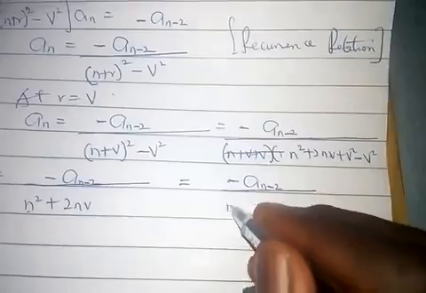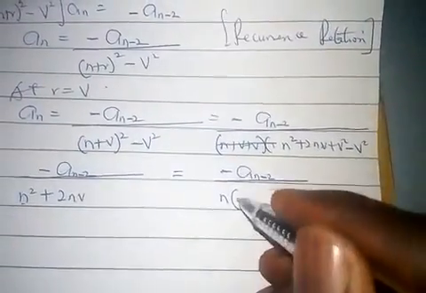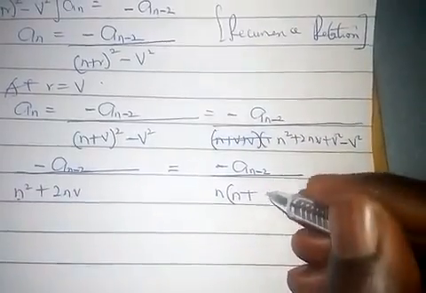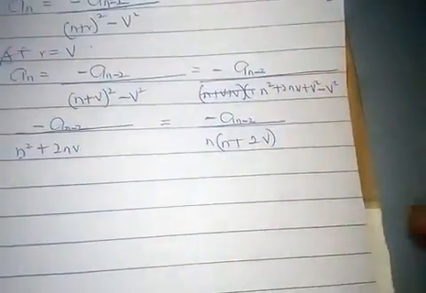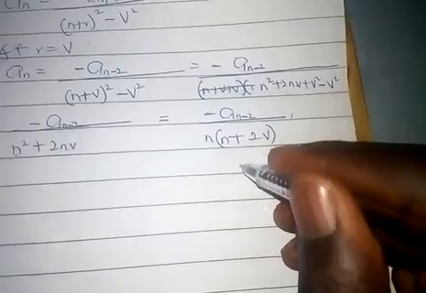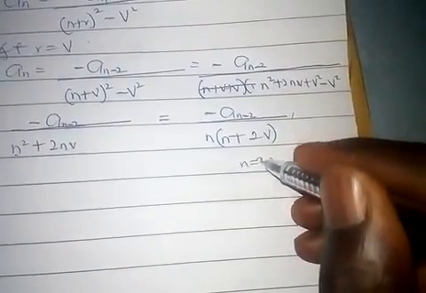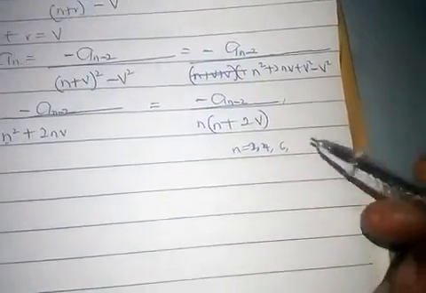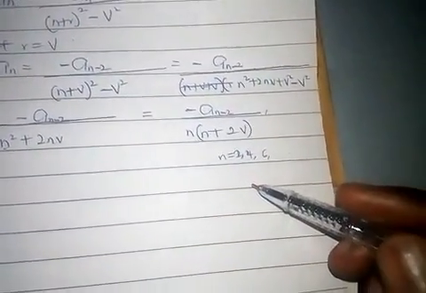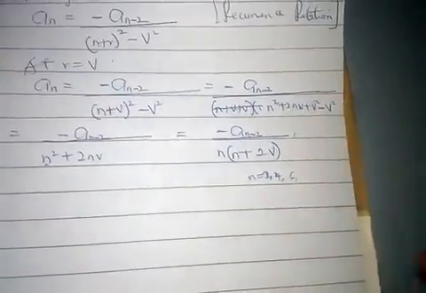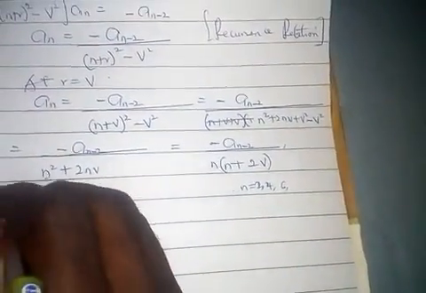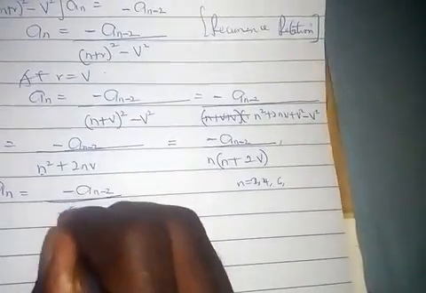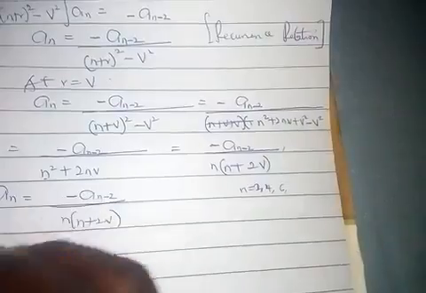We can factor out, pick n. N divided by n² is n, plus n divided by n remains 2v. This one is for n equals 2, 4, 6, just like that, because we are dealing with even terms, not odd. So we have a_n equals minus a_{n-2} over n(n + 2v).